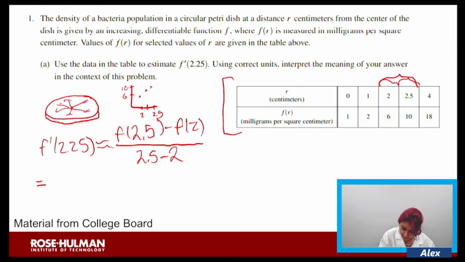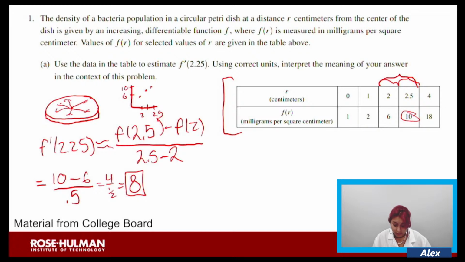Using this estimation, we find f(2.5) is 10 minus f(2) is 6. 2.5 minus 2 is 0.5. So we have 4 over 1/2, which gives us 8.